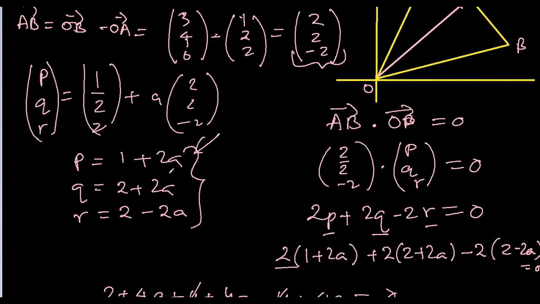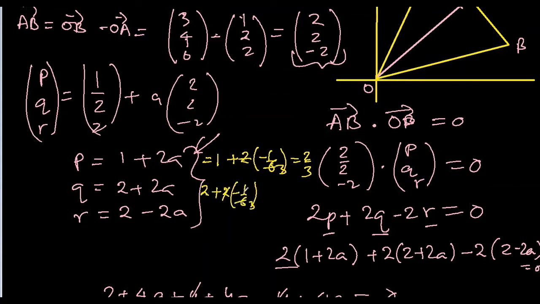Let me do that. So it becomes, P becomes equal to 1 plus 2 times minus 1 over 6, which is 2 and 6 we can cancel. 1 minus 1/3, which is 2/3. Here 2 plus 2 times minus 1/6, again 2 and 6 cancel.